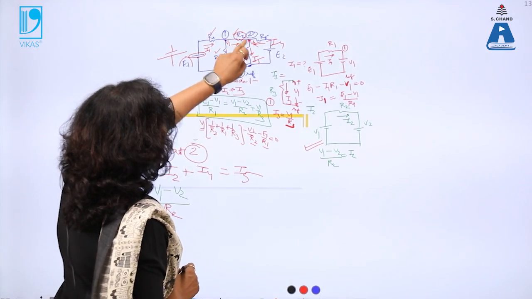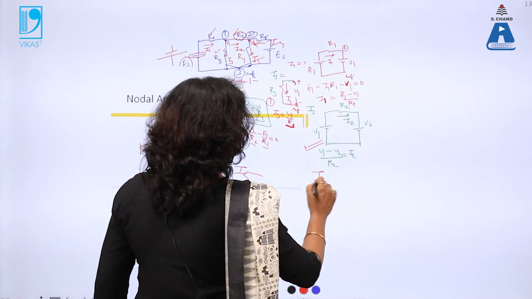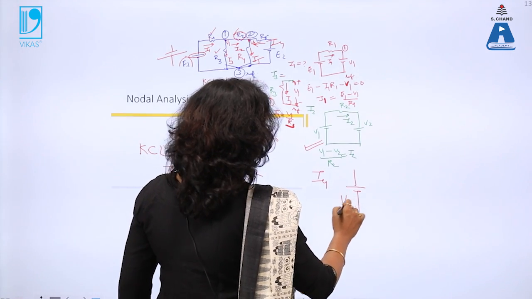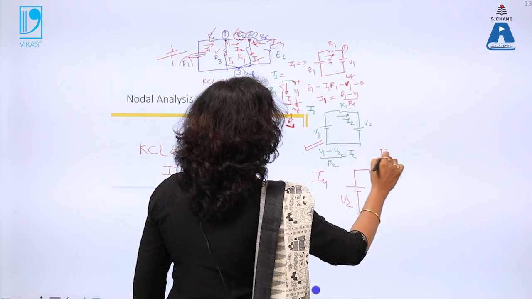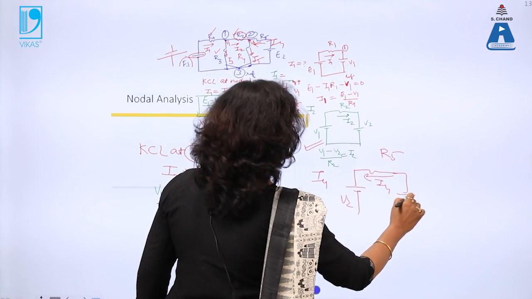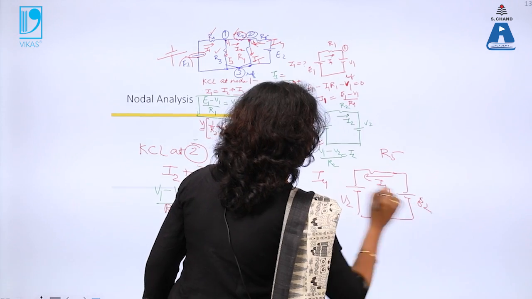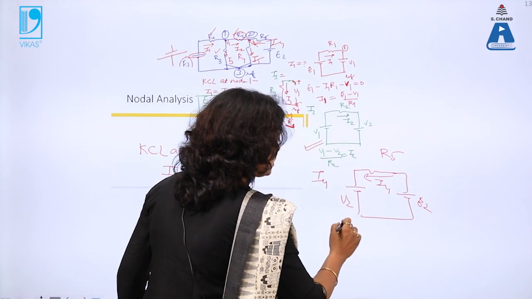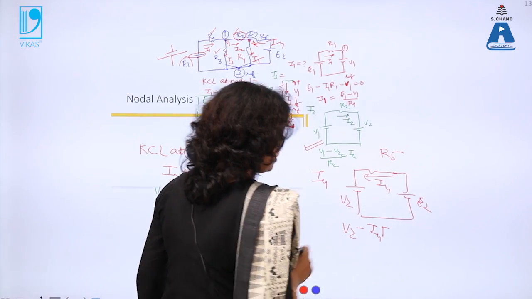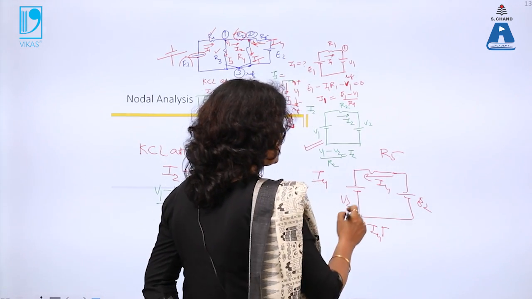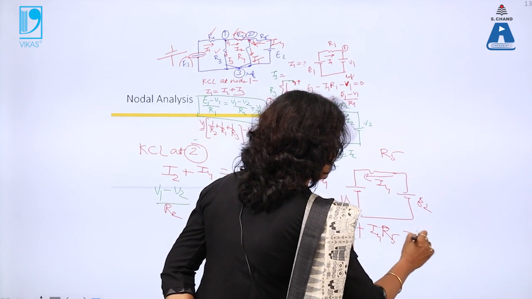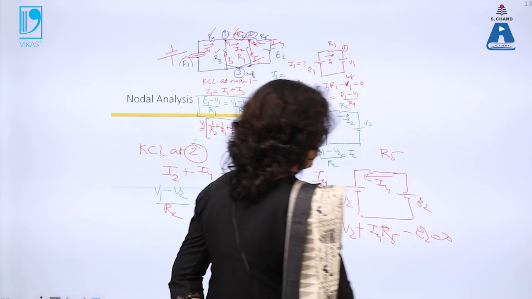For I4, this is I4. For I4, I will write the circuit in similar form. This is my V2, then R5, this is I4, and this is E2. So apply KVL like this, V2 minus I4, not minus, I am moving opposite. So plus of I4 R5 minus E2 is 0.